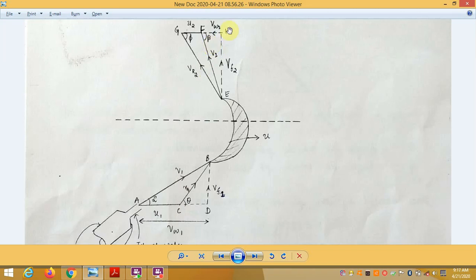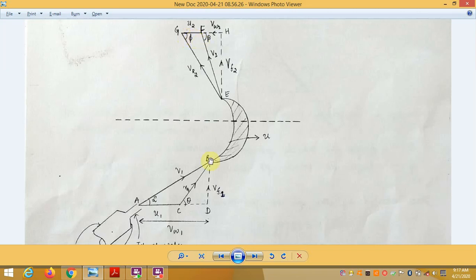Let VR1 at the inlet and VR2 at the outlet be the relative velocities of the jet at inlet and outlet respectively, and let theta be the angle made by the velocity VR1 and phi be the angle made by the velocity VR2.